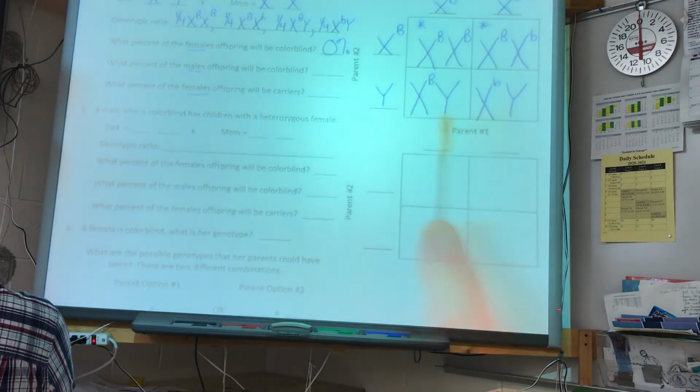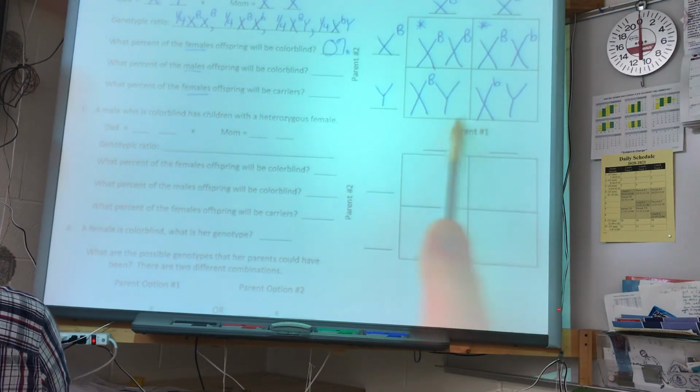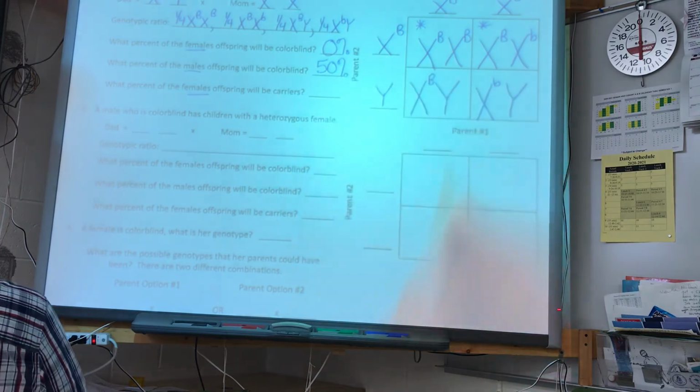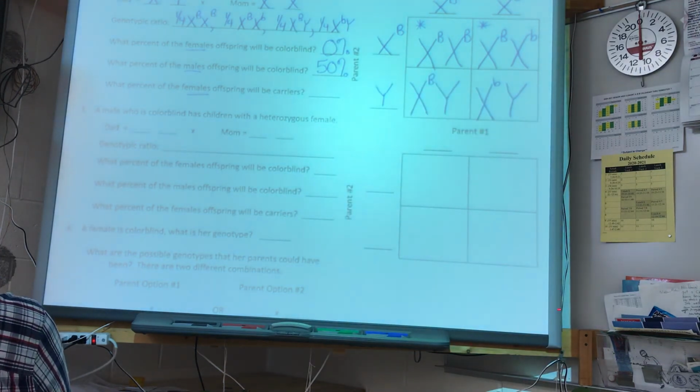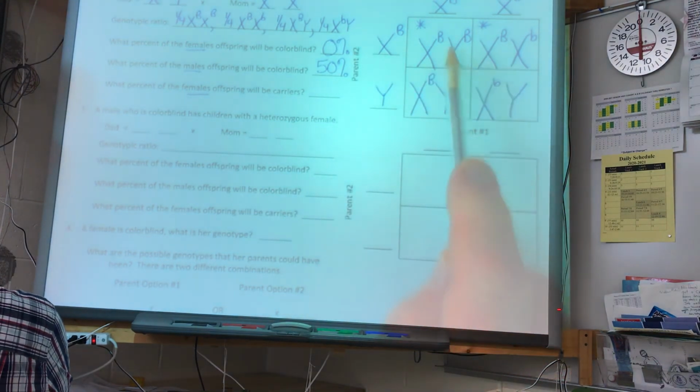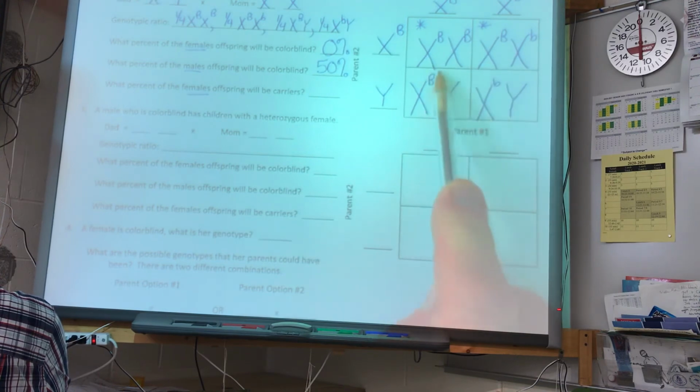Of the males, how many will be colorblind? 25. Well, of the males, 50% of the males. Overall, it'd be 25, but if we say of only the males, then 50%. How many of the females will be carriers? Remember, another term for carrier is heterozygous, so 50% of the females are going to be carriers.